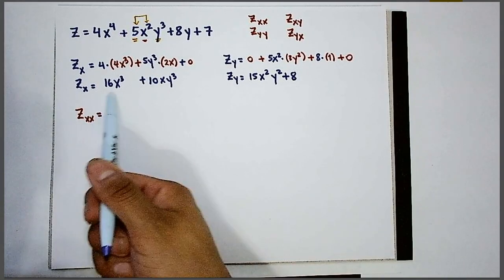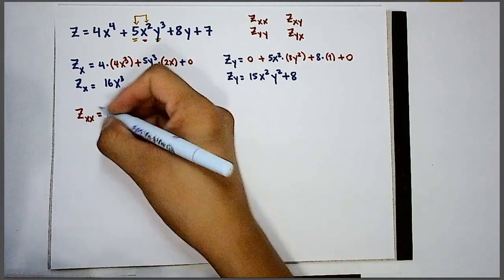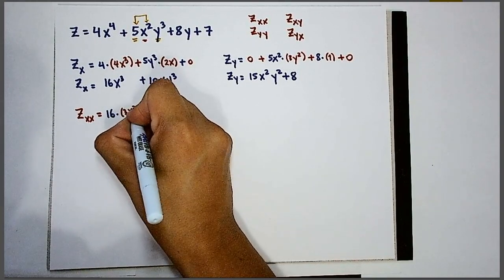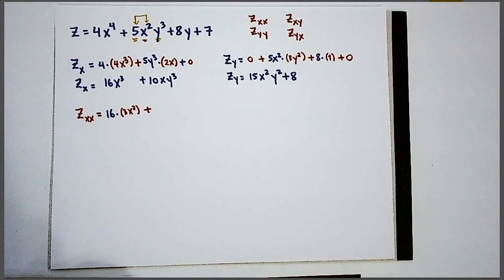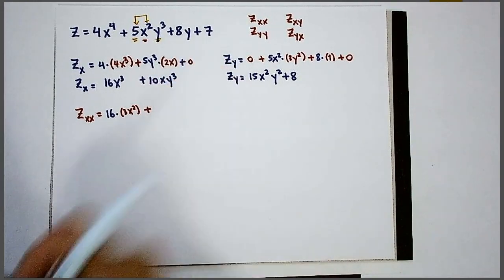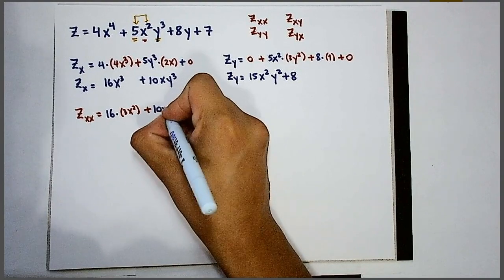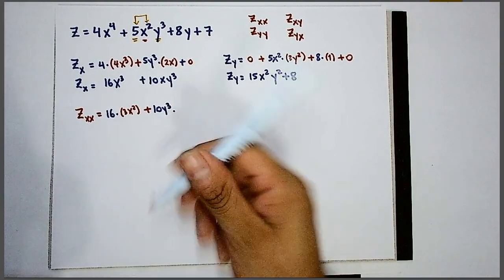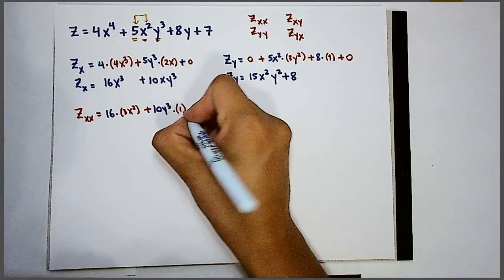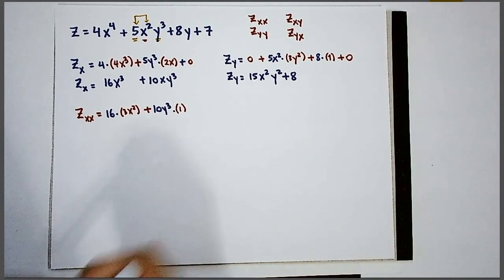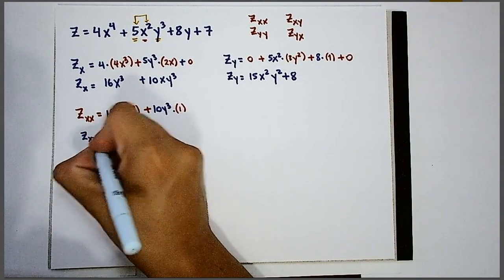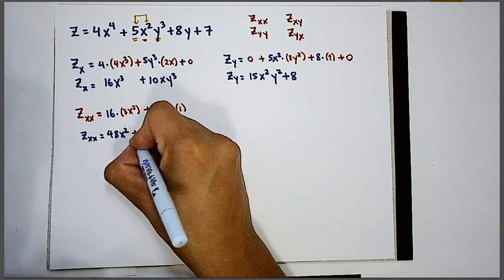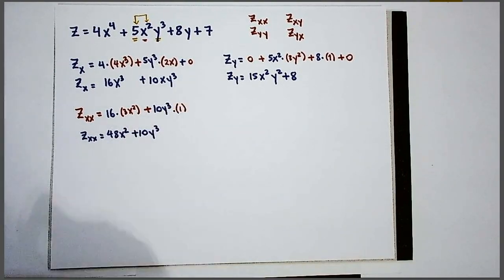Here, the constant part in the first term is 16 times the derivative of x cubic, which is 3x squared, plus in the second term the constant part is 10y cubic times the derivative of the variable part, which is x, with respect to x is 1. This means that zxx is equal to 48x squared plus 10y cubic.